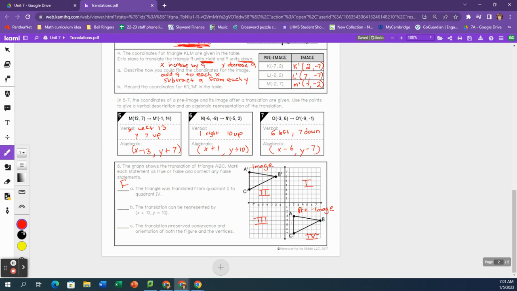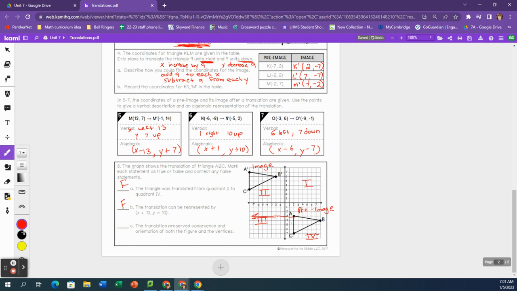The translation can be represented by plus 10, negative 10. Well, if we went from here all the way over here, that's going to be false because we went negative. If we went from here to here, that's going to be negative. So this is false.